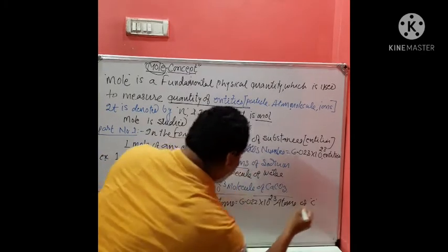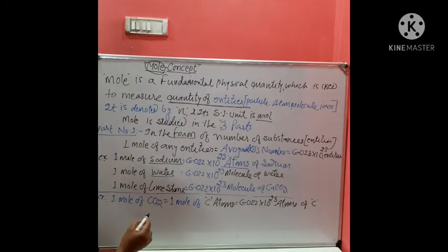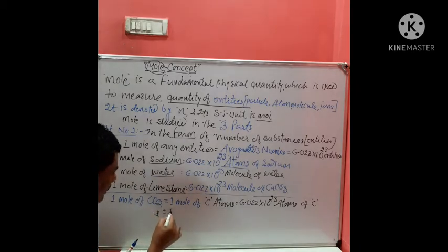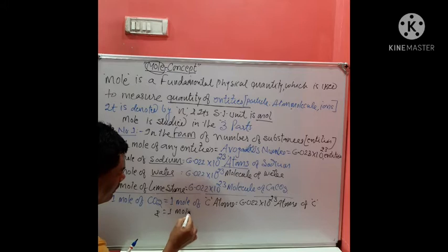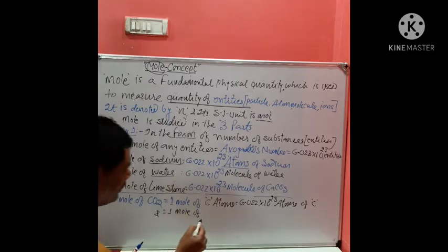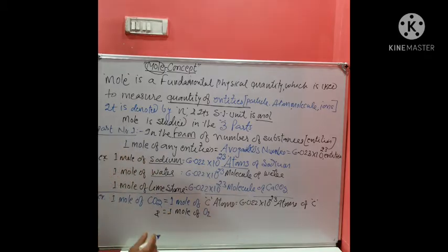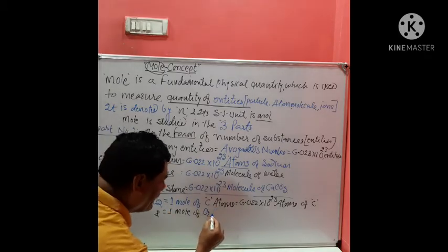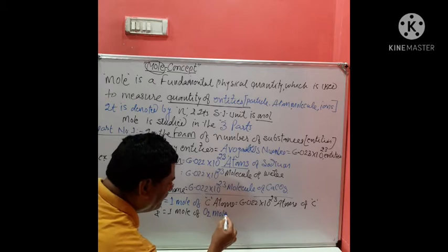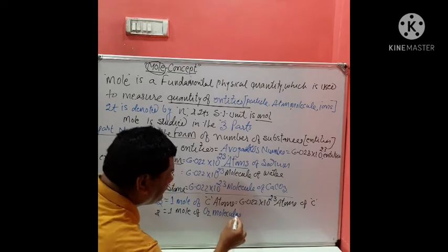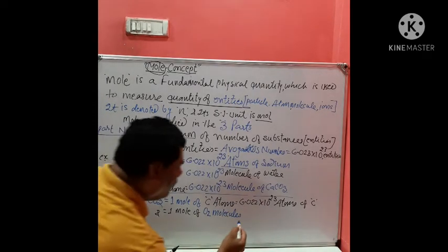Getting it? And again, here 1 mole of O2, and O2 is a molecule. So besides atoms, now I will write here molecules of O2.